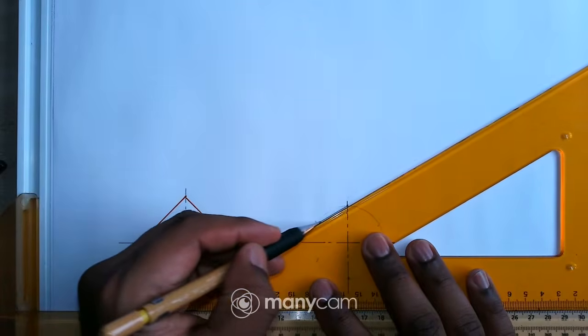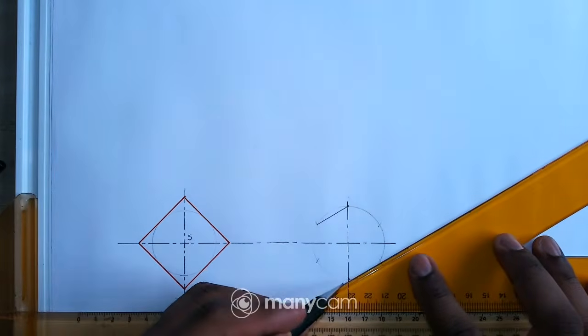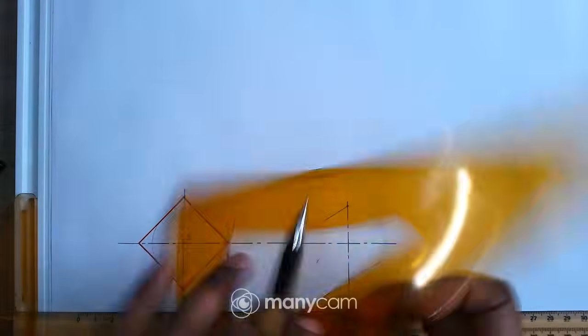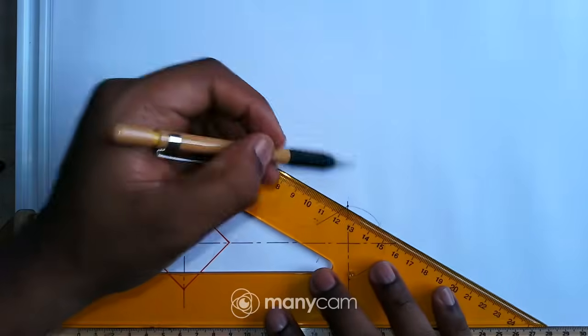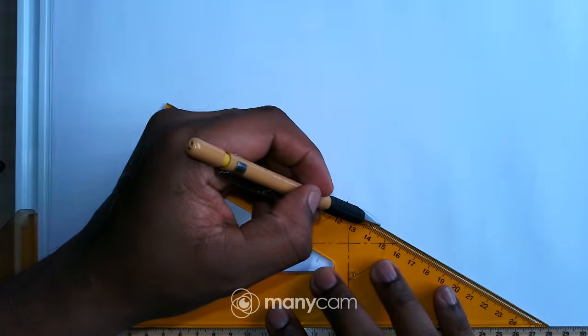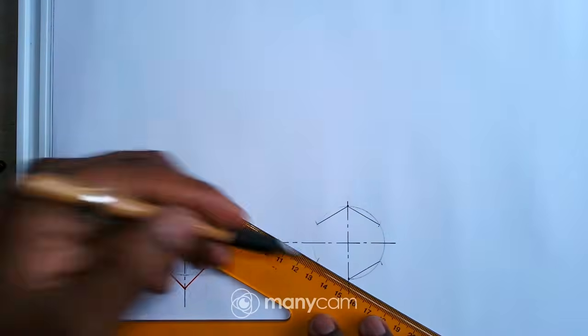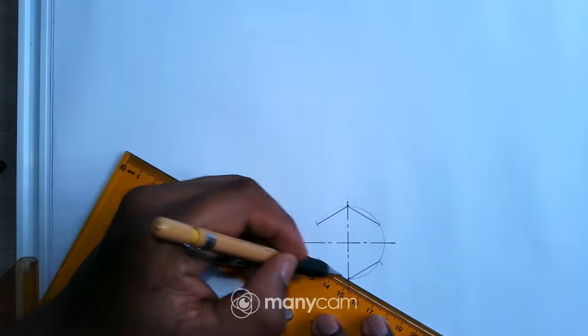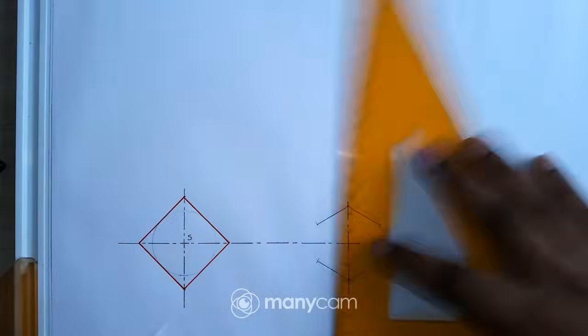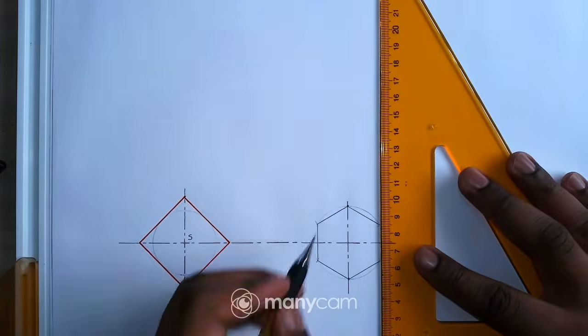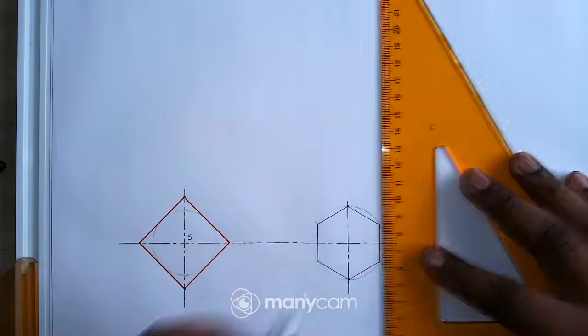So I have a line there, a line there, a line there, a line there, a line there, and a line there.